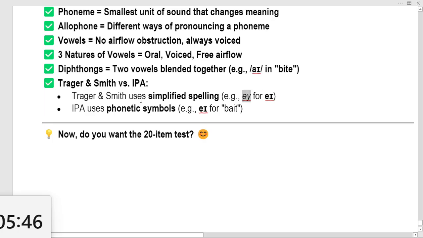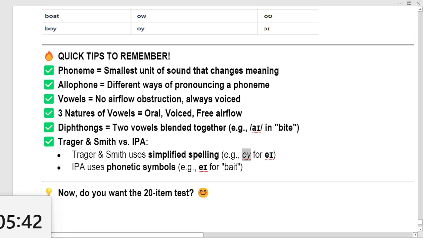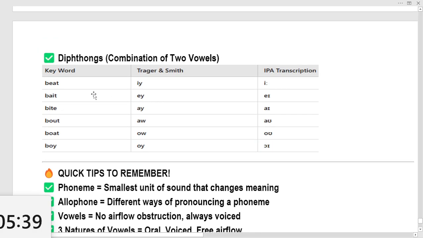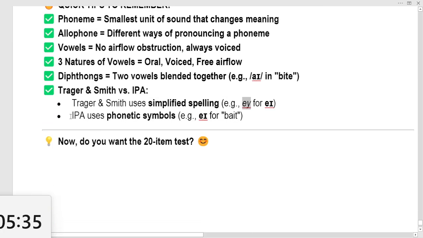That's why Trager and Smith is very helpful for us to pronounce the vowels. Example for diphthongs. Okay? Next is IPA uses phonetic symbols. So you really have to know the conversion of Trager and Smith and IPA, para kapag lumabas to sa exam, you know how to pronounce it very well.